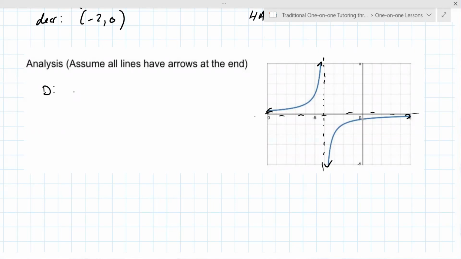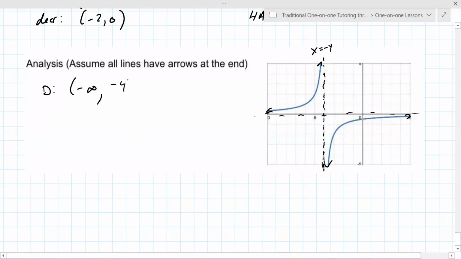What's the only restricted value? See, at -4 there's a vertical asymptote. That's a restricted value, so it can't include that. So it's everything except for that value. Okay.